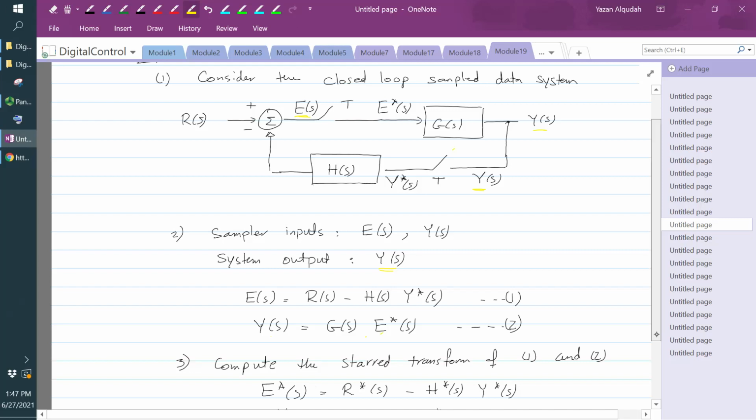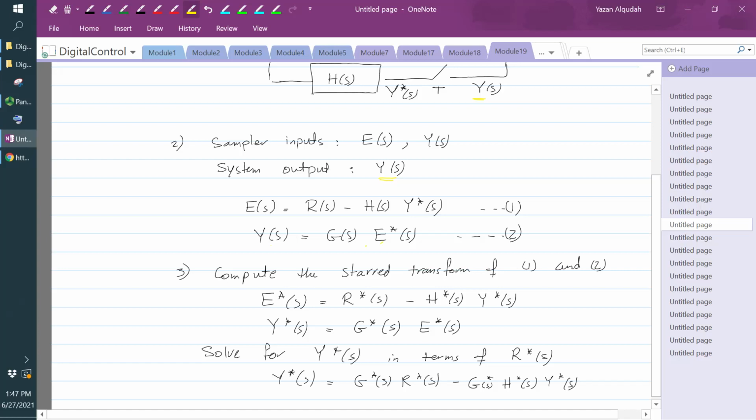Now we're going to compute the star transform of 1 and 2. E star of S is going to equal R star minus H star multiplied by Y star. Y star from the second equation is going to equal G star multiplied by E star.